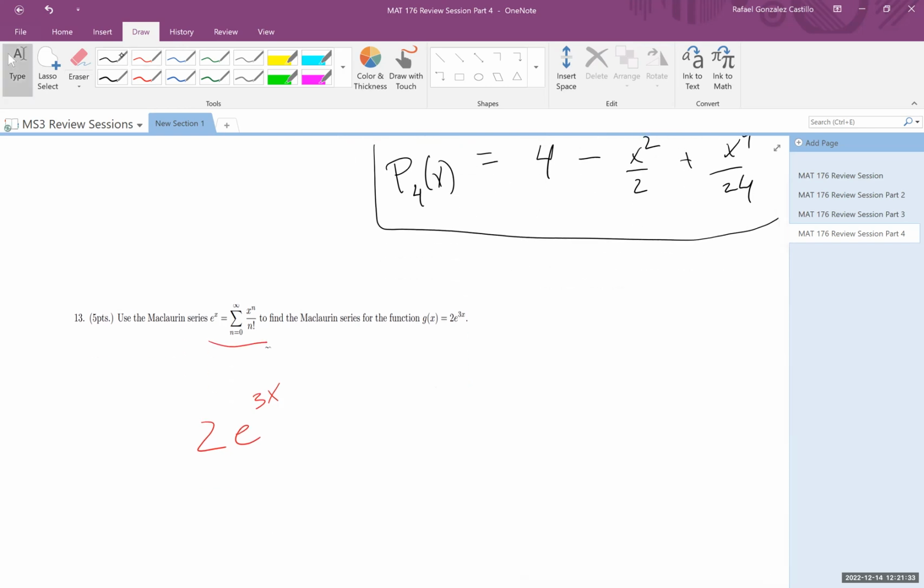So we could do this in 2 steps. First, let's begin with the original Maclaurin series that we're given. We're given e to the x is equal to the series of n equals 0 to infinity of x to the n over n factorial.